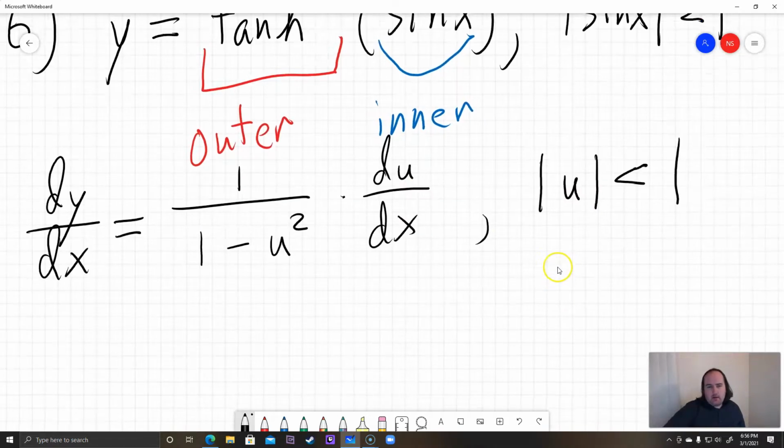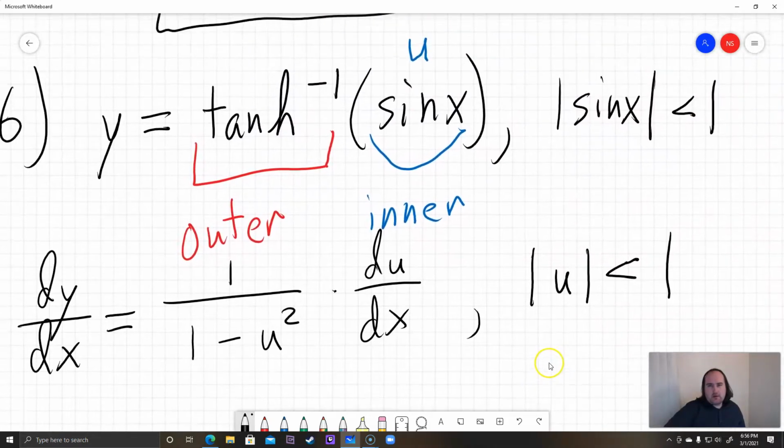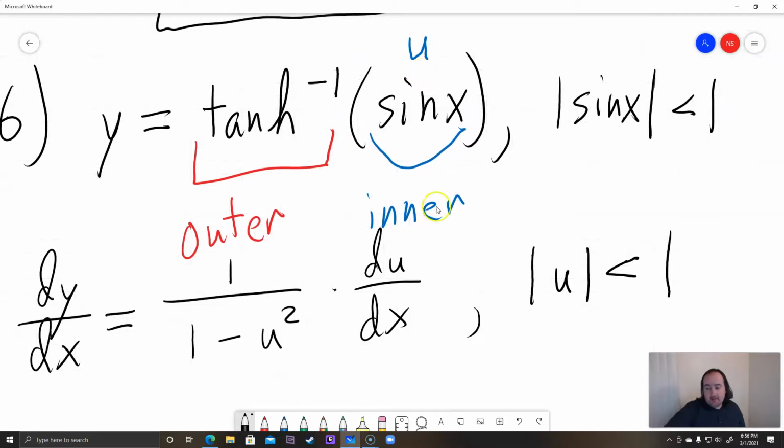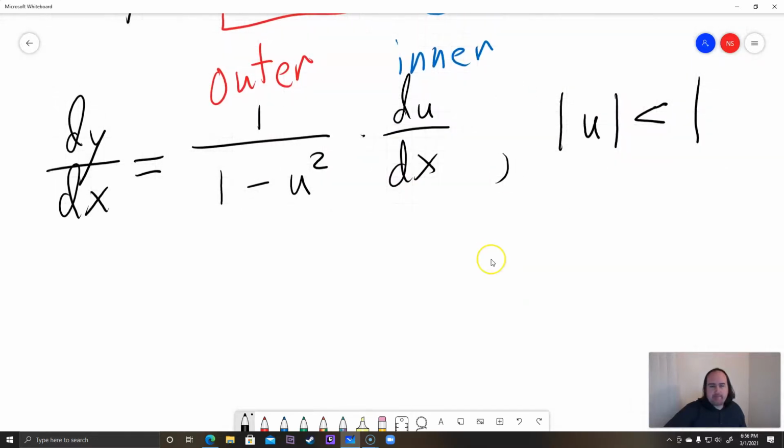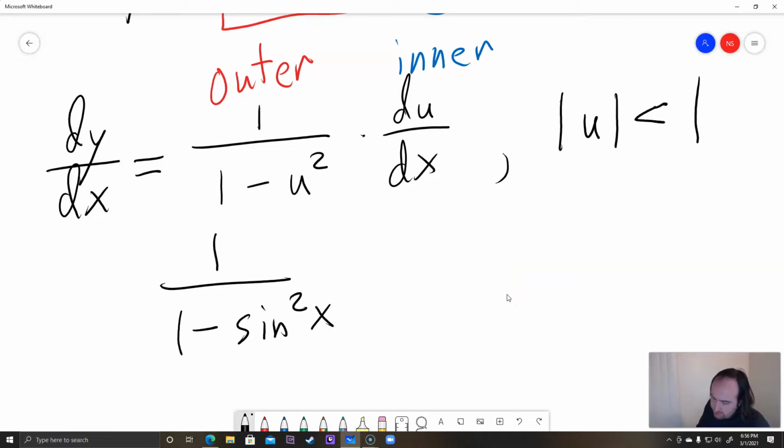Okay, and then what do we do next? Well, our u is actually regular sine of x. It's not hyperbolic sine, regular sine of x. So I can go ahead and plug that in here. So we have 1 over 1 minus sine squared of x times du dx.